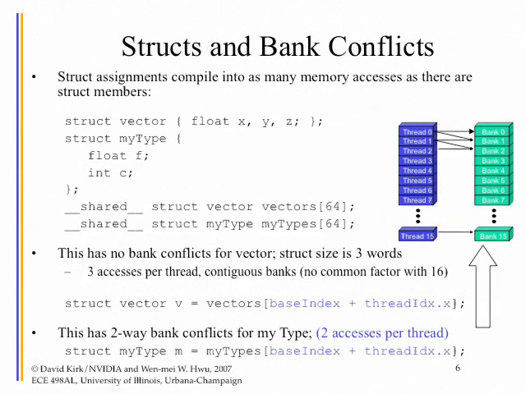One common pattern that we're going to be seeing is when you declare these structs in shared memory. If you have, let's say, a vector that is a struct of 3 variables, each one a single-precision floating point, then implicitly, every time you load that struct into shared memory, you automatically load 3 consecutive locations, 3 consecutive words.